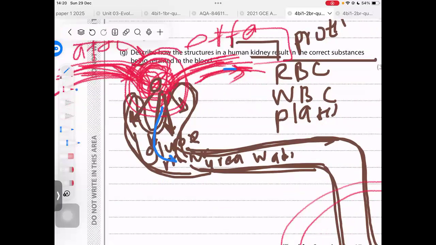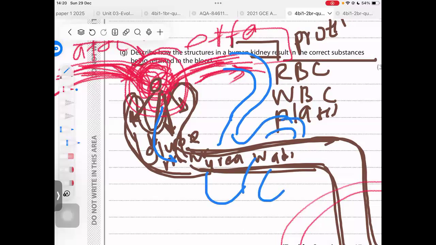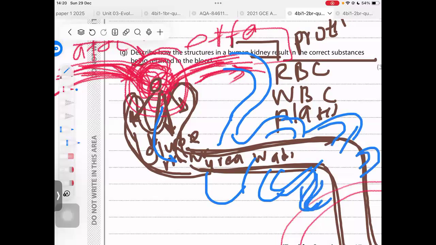This efferent arteriole over here forms a network of capillaries called peritubular capillaries, right? No need to know the word. So basically, you can see glucose will again move back into the capillaries by a method called selective reabsorption, right?